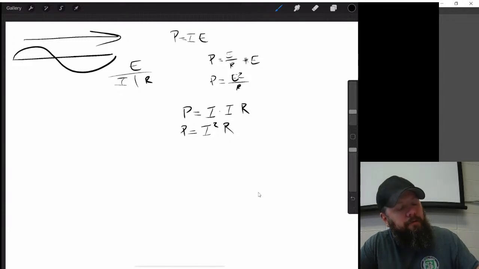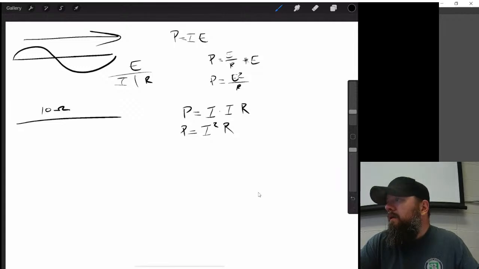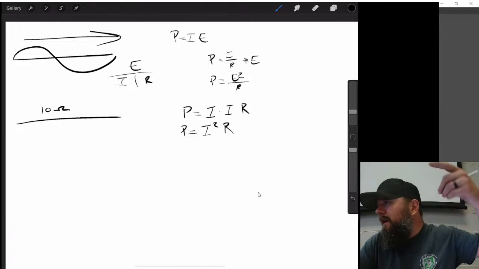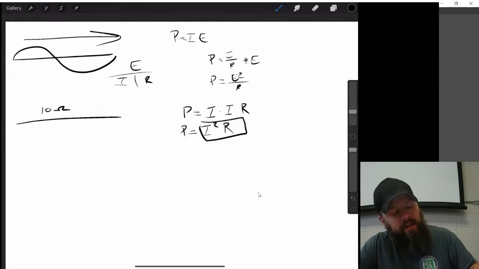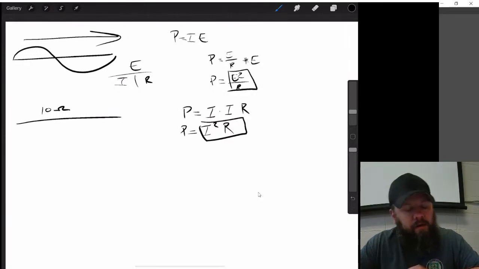If we have 10 ohms worth of resistance in a wire, we can get the same power through that with a high voltage, low current or low voltage, high current. But look at how resistance interacts with either, right?